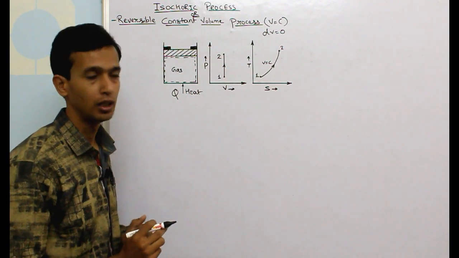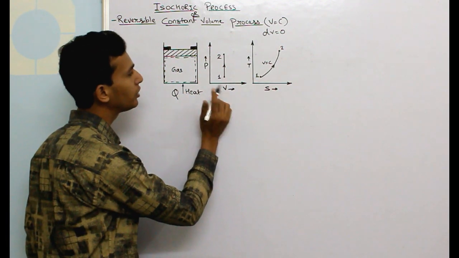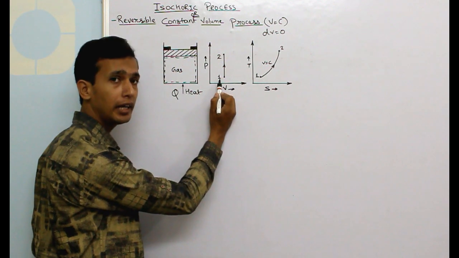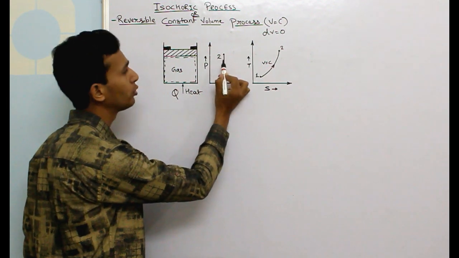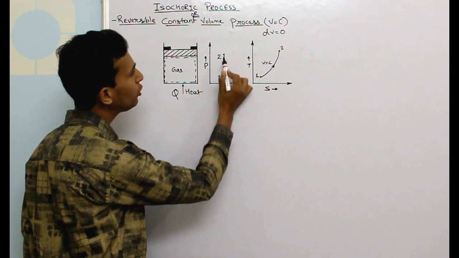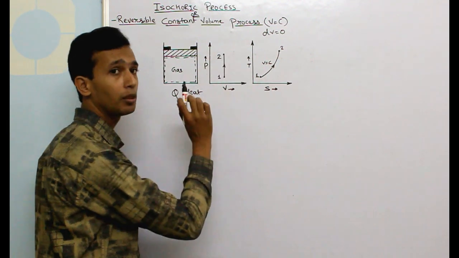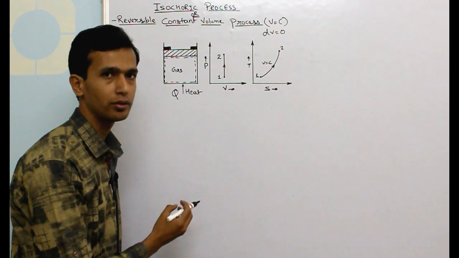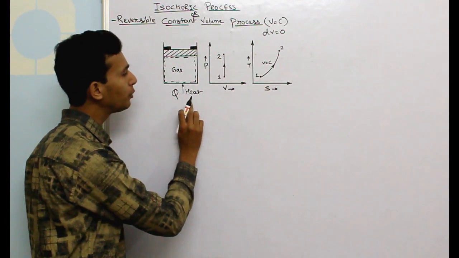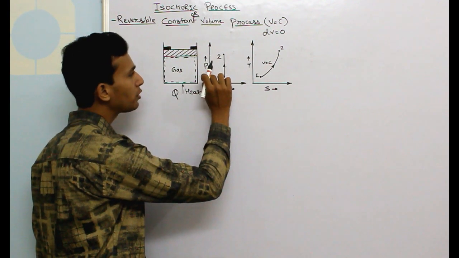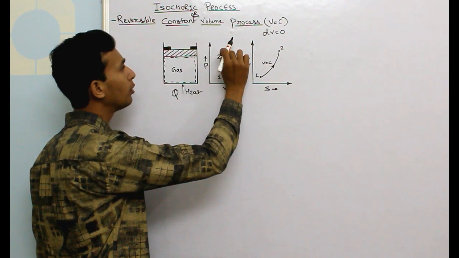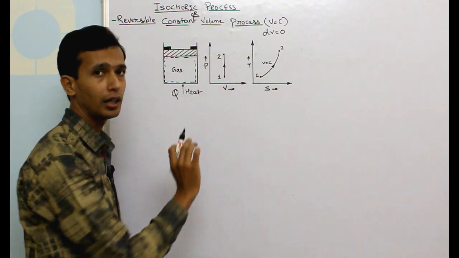So here on a PV diagram, this is our initial state before heating, and this is our final state after heating process. So this is 1 to 2. This line represents the process, that is constant volume process. As we are heating, the pressure is going to increase, and that's why you have a lower pressure at initial condition and more pressure at the final condition.